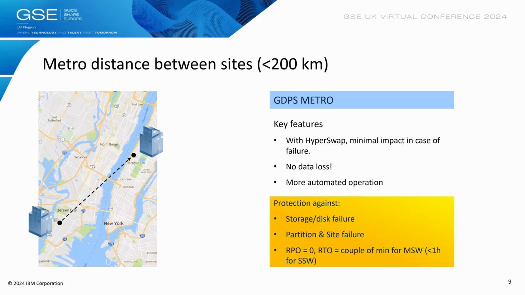In the real world, that's a very big number, and that's really the maximum that you can achieve in some particular configuration. But in the real world, to take full advantage of a GDPS Metro solution, this would be more about 100 kilometers or less. This provides continuous availability and disaster recovery within the metro area.